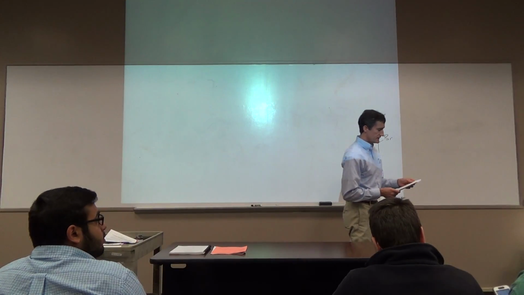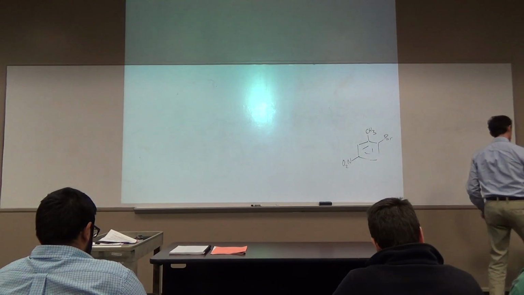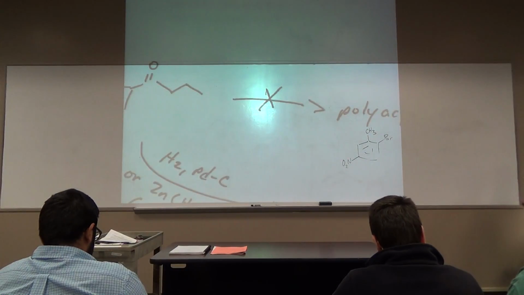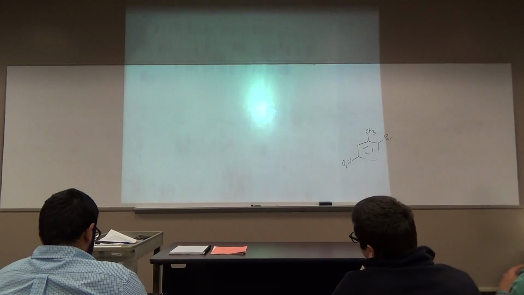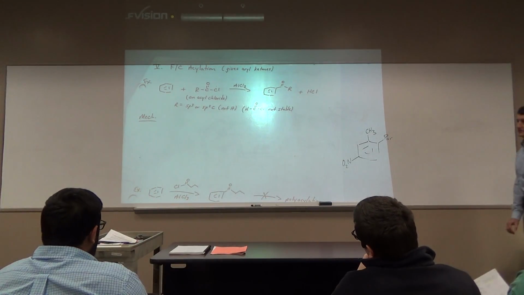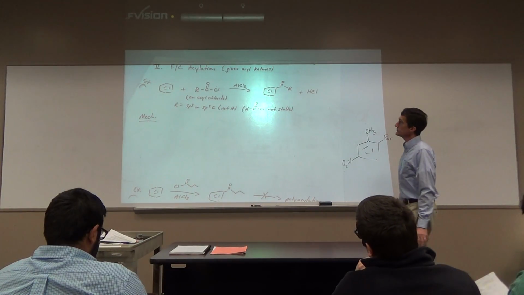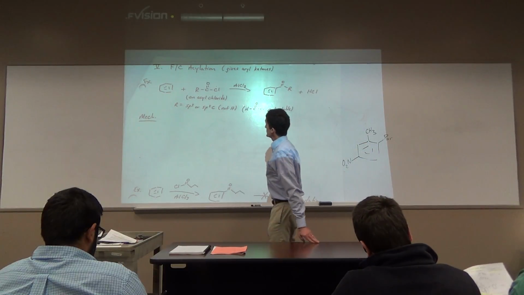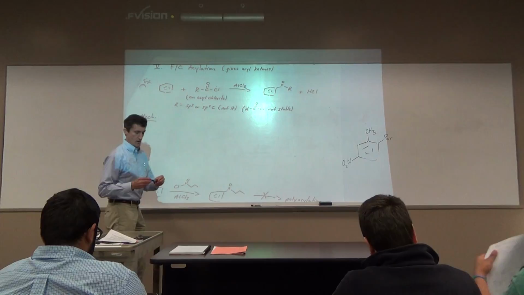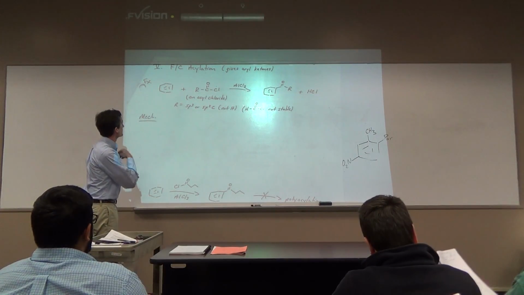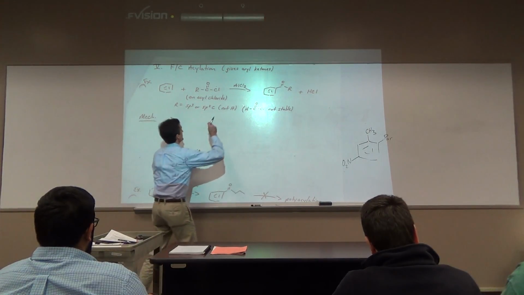Okay, Friedel-Crafts acylation. Acylation, an acyl group, a ketone group, typically called an acyl group, using an acid chloride, also known as an acyl chloride. The mechanism is very similar to the others.